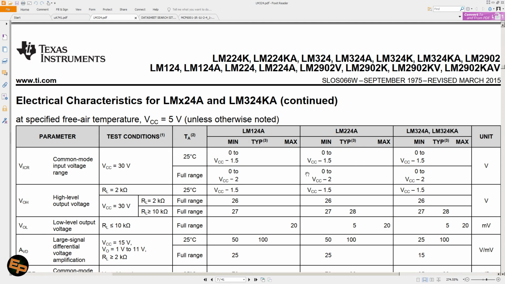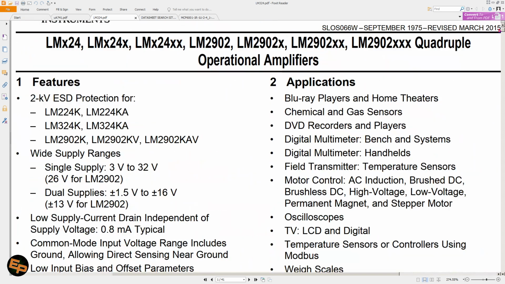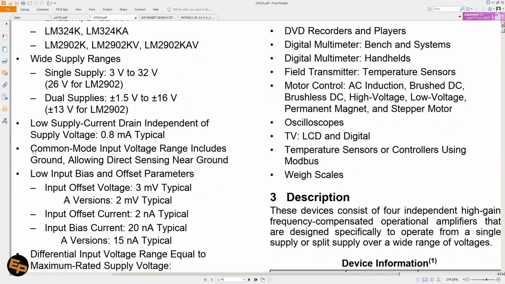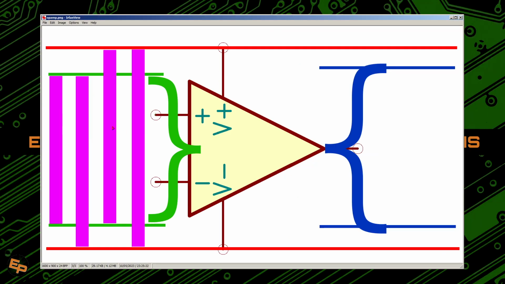So this clearly tells us that we can have down to 0 volts on the inputs. But also if we go to the very first page, we can see something like common mode input voltage range includes ground, allowing direct sensing near ground. If we see something like this, then this is clearly what it's all about, so we don't even need to look in the table of the datasheet, okay?